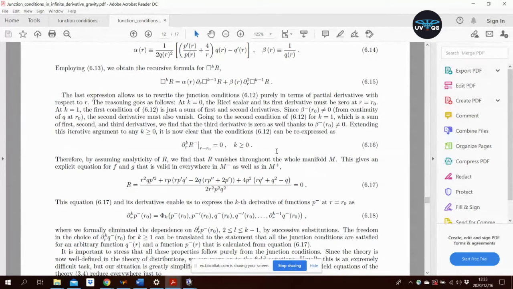So if that Ricci scalar is described by an analytic function, that means that the Ricci scalar needs to be 0 inside the whole interior. These conditions now go beyond the hypersurface. So you can see now the non-locality playing a role in something that we all know about, the junction conditions.